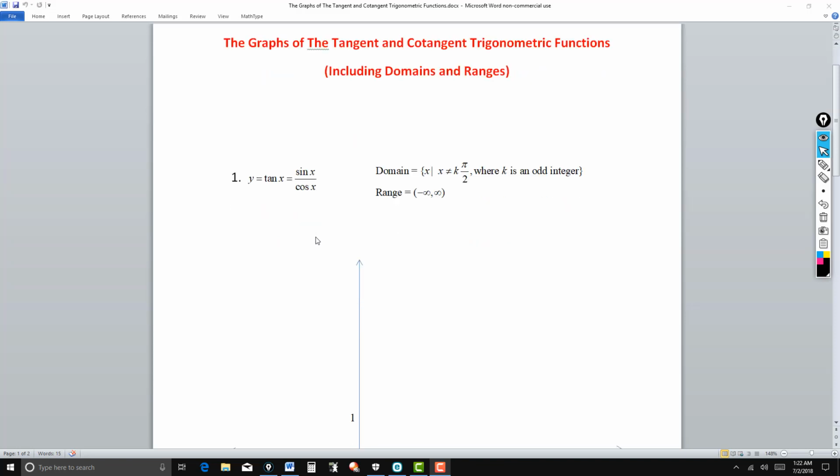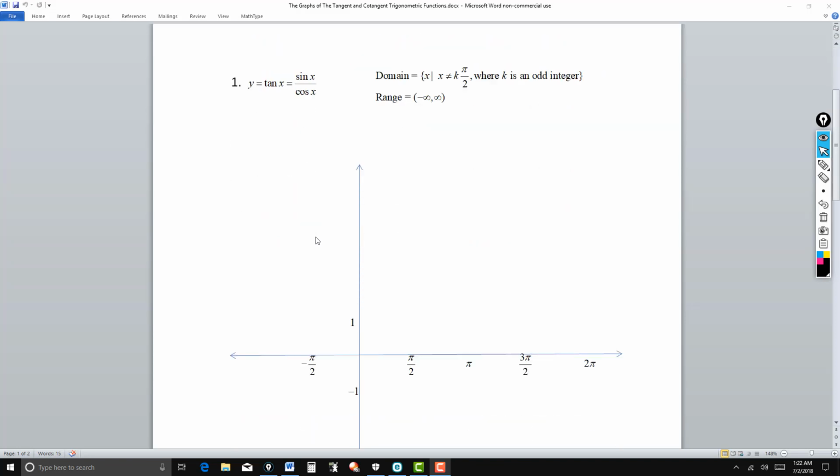So we would expect the graph, and we're going to sketch one period of the graph, and then we'll do the graph on the calculator. But basically then, the graph is going to cross the x-axis at the point 0 radians, at pi, 2 pi, and so on.